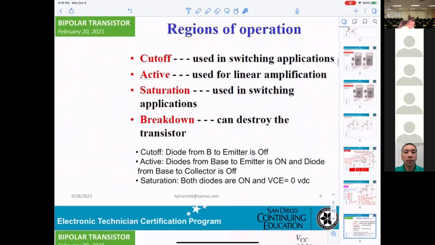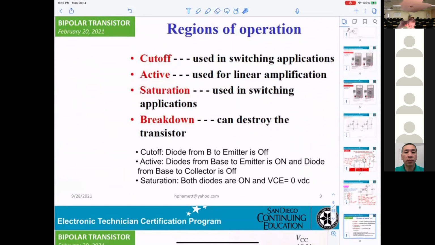Okay. Now, regions of operation. A transistor can be working in the cut-off region first. They are used for switching applications, that means like a switch to turn on, turn off.